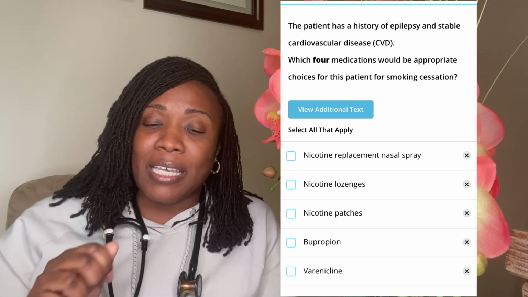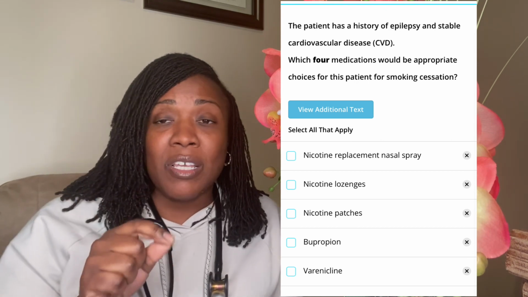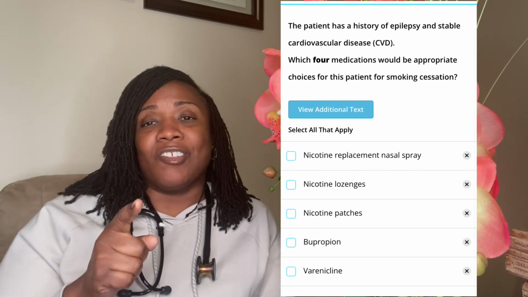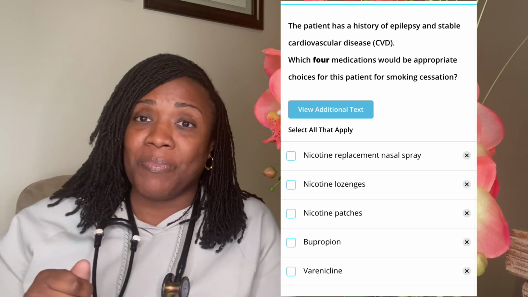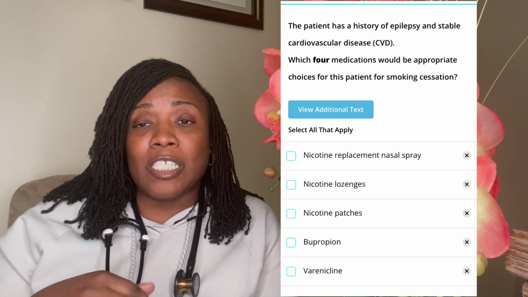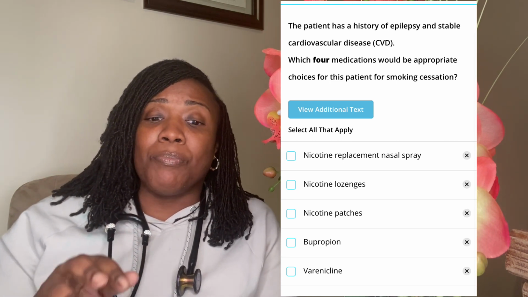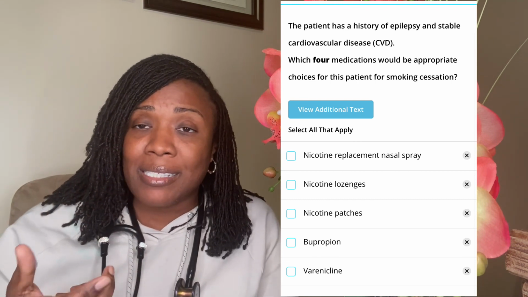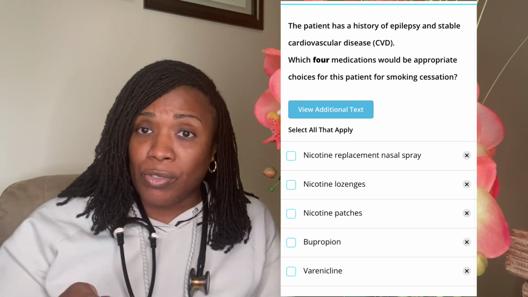Both of these medications are actually used for smoking cessation, but one of them is not safe for a patient who has a history of epilepsy. You pretty much have to know this as a provider. So I would write something like this down. Bupropion is the option, because though we do use it in practice for smoking cessation, bupropion is also known as Wellbutrin.